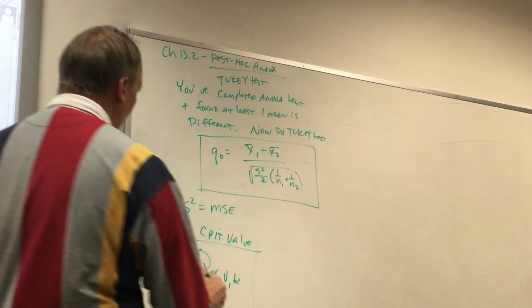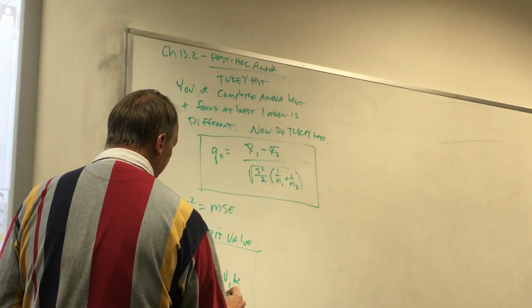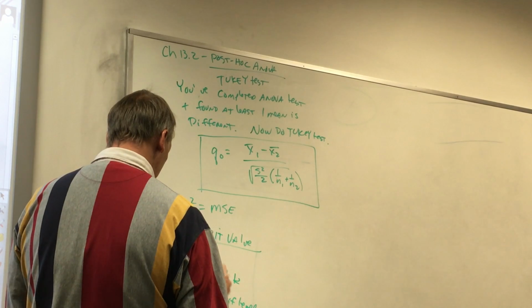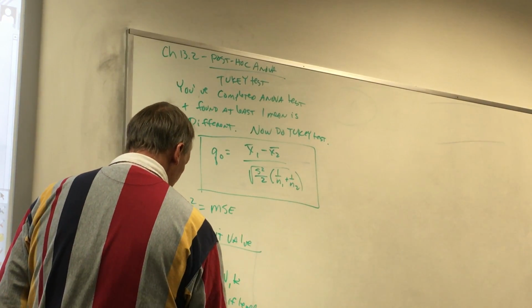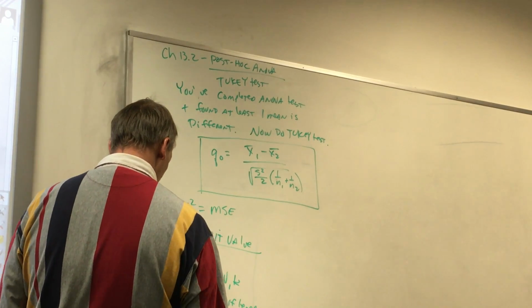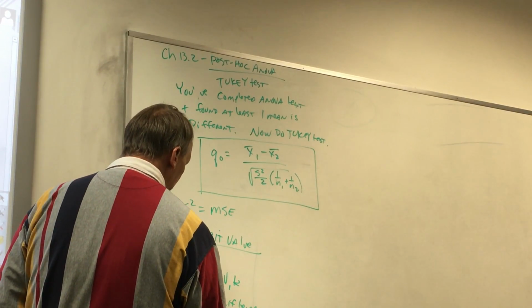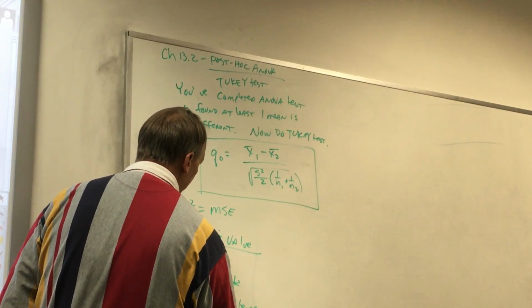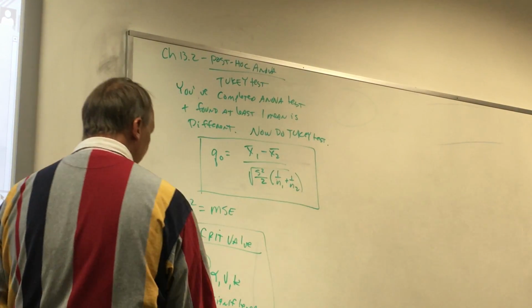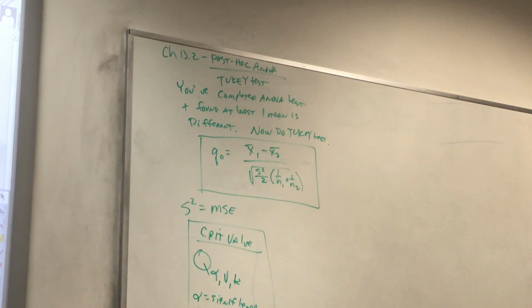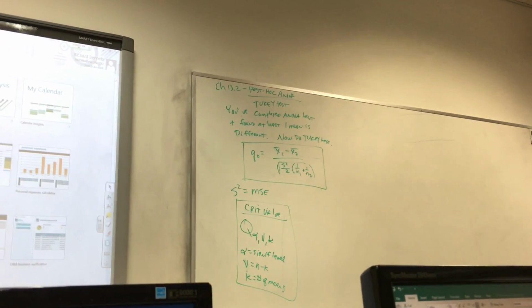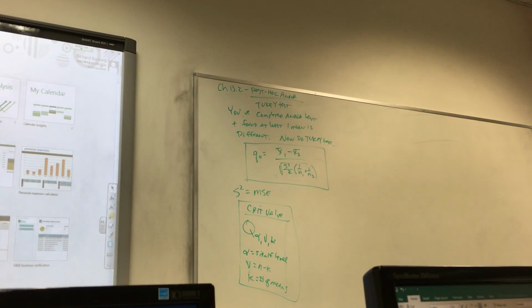Where alpha equals your significance level, V equals n minus k, and k equals your number of means. So we don't have an Excel function to do this. We're going to have to use the classical method on this one.